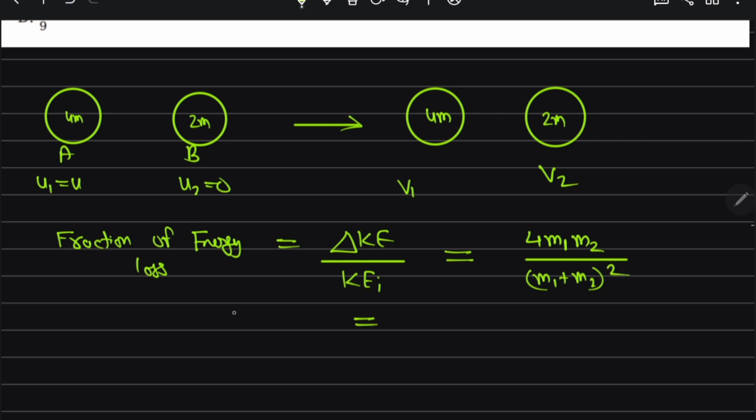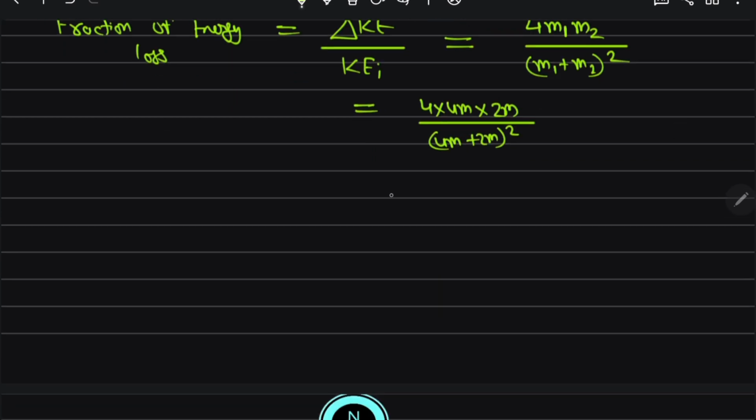So this comes out to be 4 times 4m into 2m, divided by (4m plus 2m) whole square. 4 fours are 16, 16 twos are 32 m square, over 6 sixes are 36 m square. So this is 8 by 9.